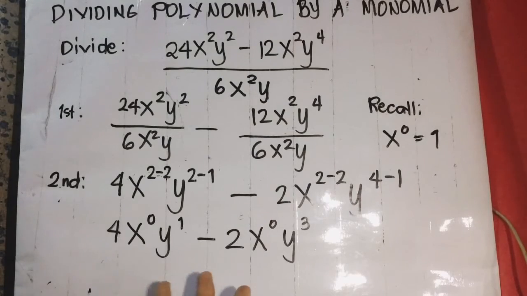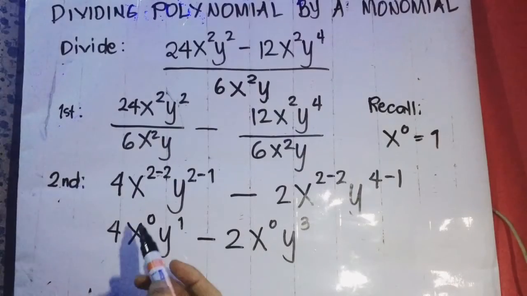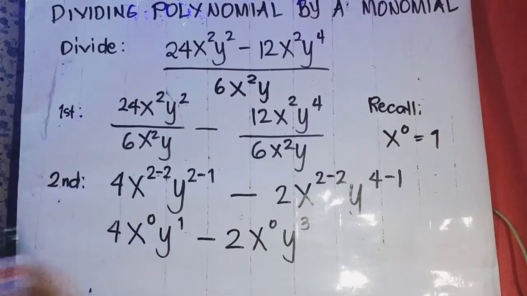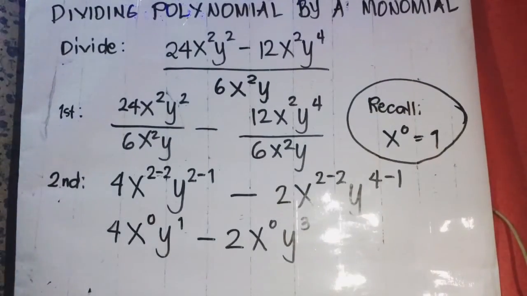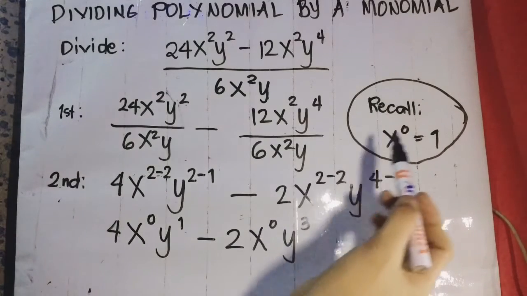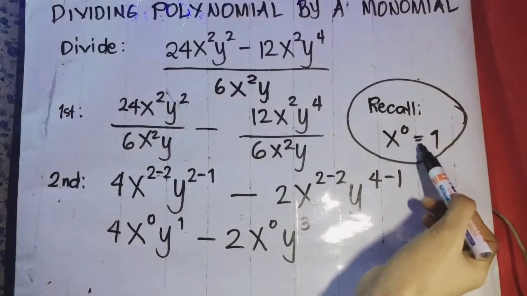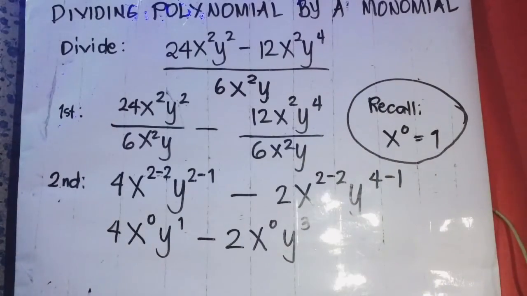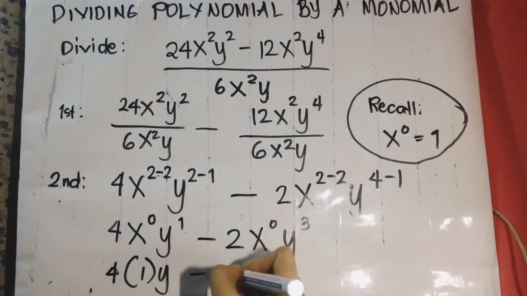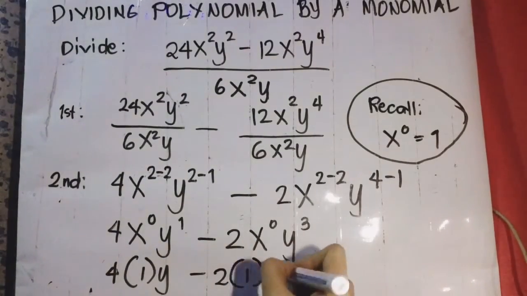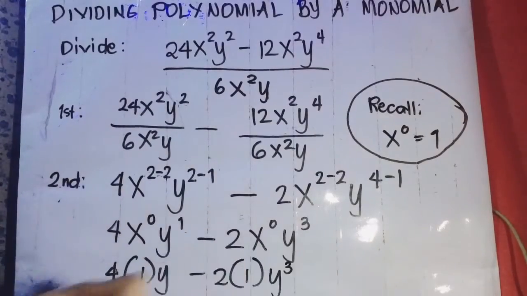By analyzing the given expression, we've seen a variable that has a 0 exponent. So let's try to recall this. Again, remember, any number or variable that is raised to the power of 0 will always be equal to 1. So this becomes 4 times 1 y minus 2 times 1 y to the power of 3.